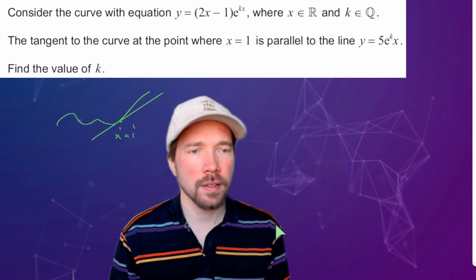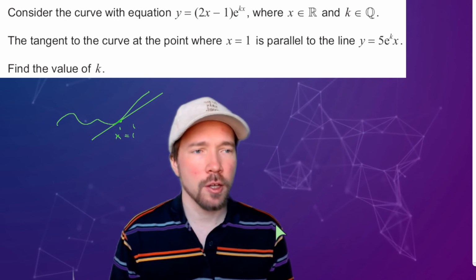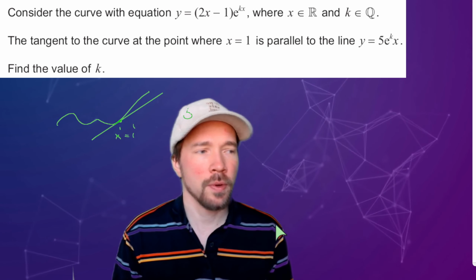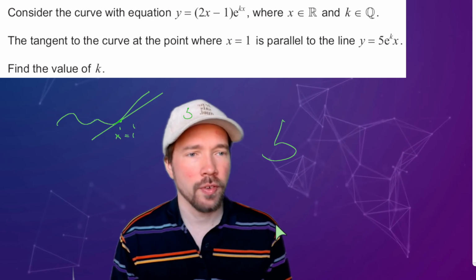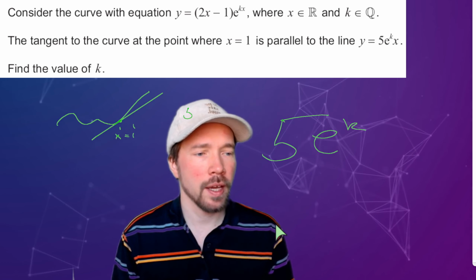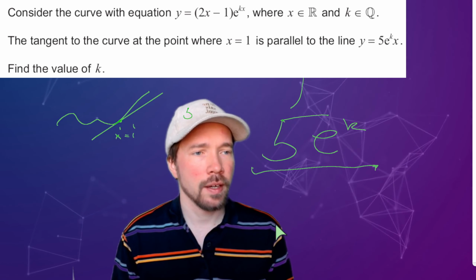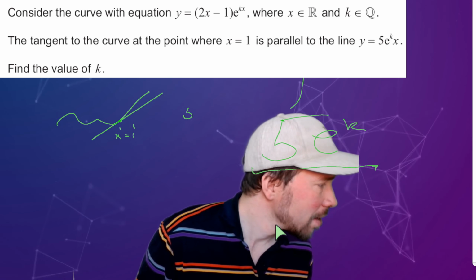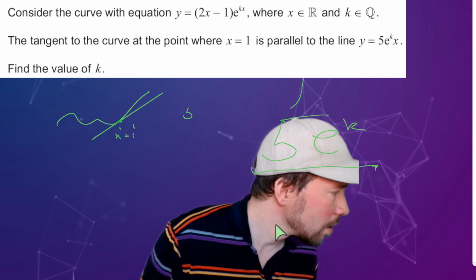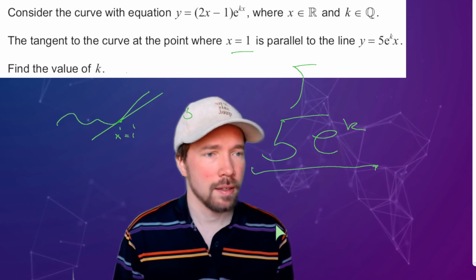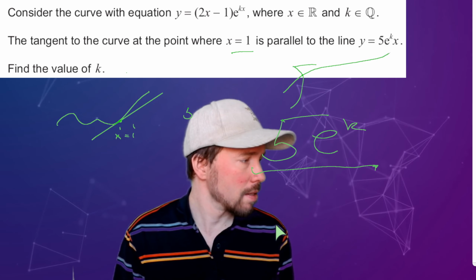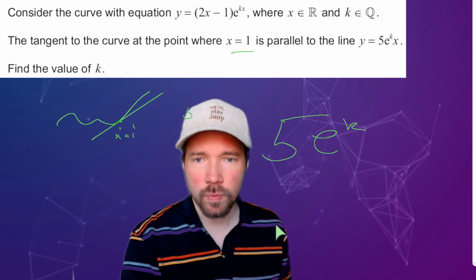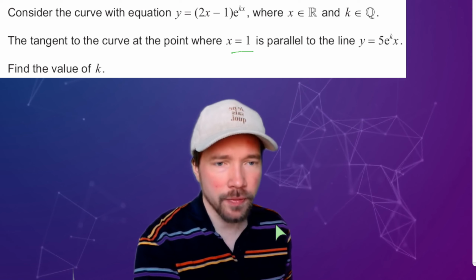What does it mean it's parallel? It means that the slope is the same as that of the other line, and this line has slope 5e to power k. And we have to find the value of k.